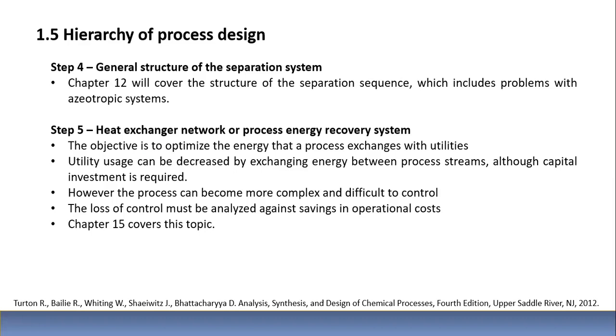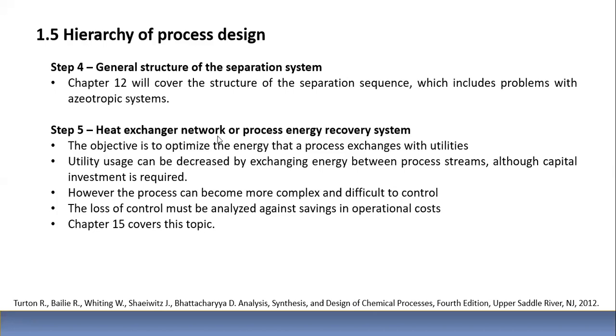El capítulo 5 dice Heat Exchanger Network or Process Energy Recovery System. Eso sí, nosotros vamos a topar ese tema, pero después del parcial, ¿no? Antes del parcial, sí vamos a topar el tema de intercambiadores de calor, pero después del parcial vamos a tocar el tema del network, el sistema de recuperación de energía, básicamente utilizando intercambiadores de calor.